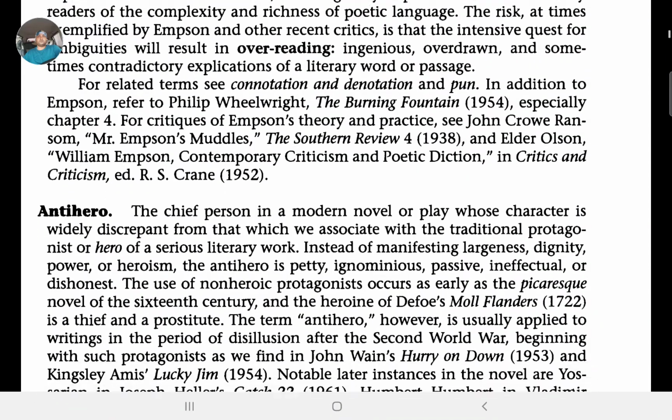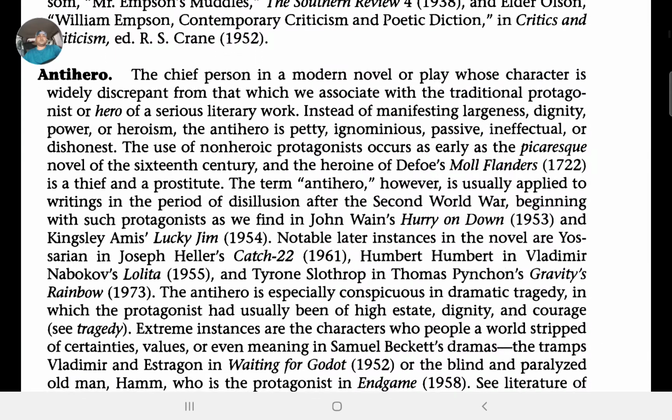Let us move to the other book, M.H. Abrams, Dictionary of Literary Terms. What have we got here? The chief person in a modern novel or play whose character is widely discrepant from that which we associate with the traditional protagonist or hero of a serious literary work.